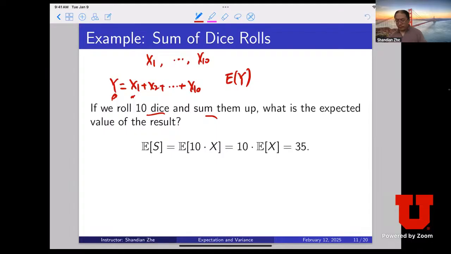But if we utilize the linearity of expectation, we know that y is simply the summation from x1 to x10. The expectation of the summation is the summation of the expectations.